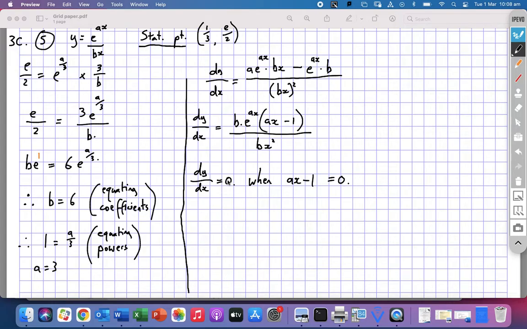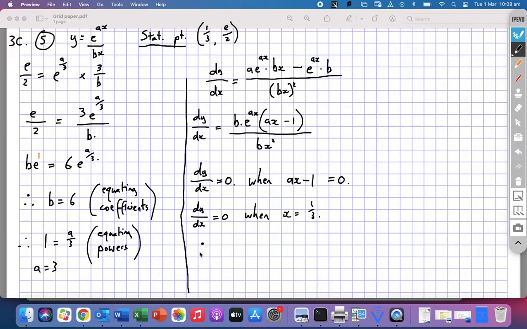We know this derivative will equal 0 only when what's in the brackets equals 0, and we also know the derivative equals 0 when x is 1/3.